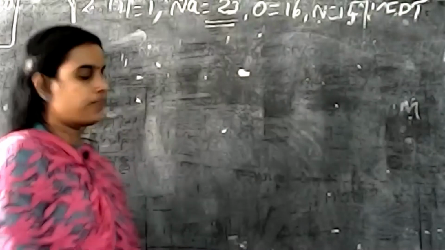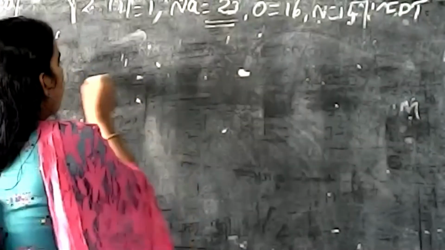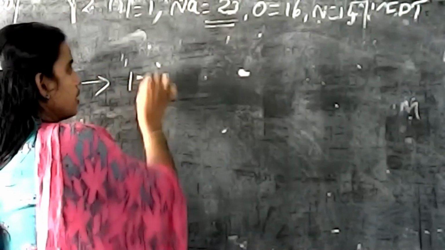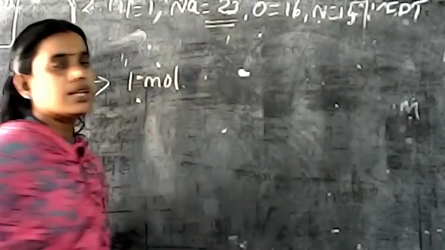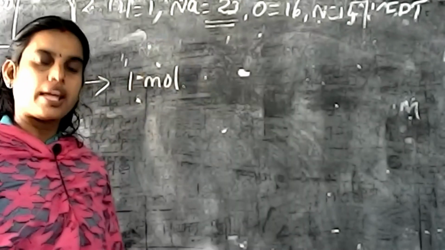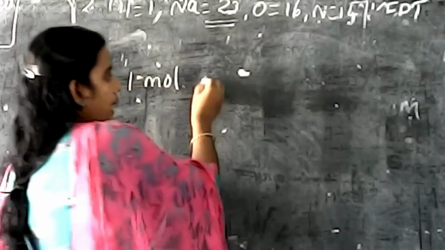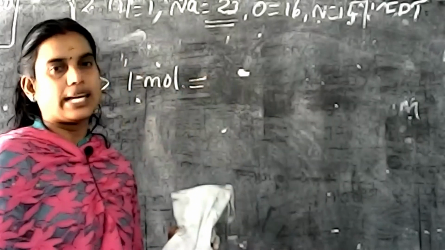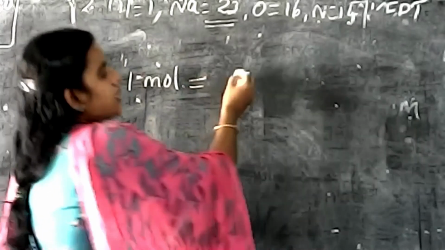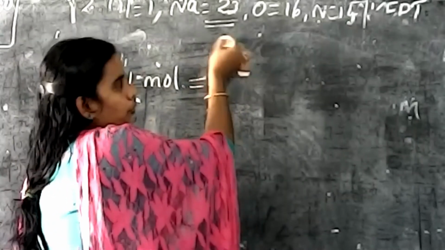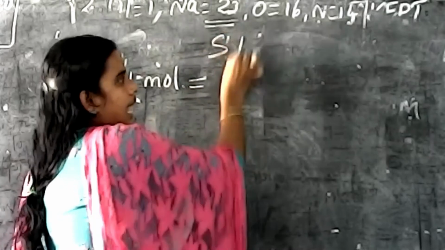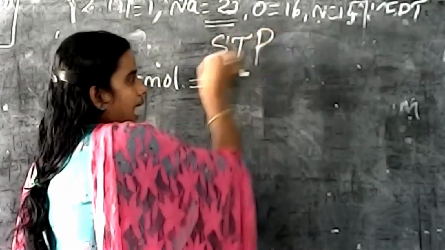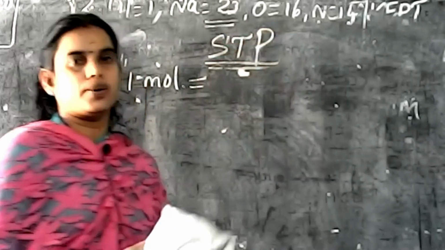Before that, we have to know one condition. That is, 1 mole of any substance occupies an equal number of molecules and equal volume. Before that, we have to know the condition here: STP.